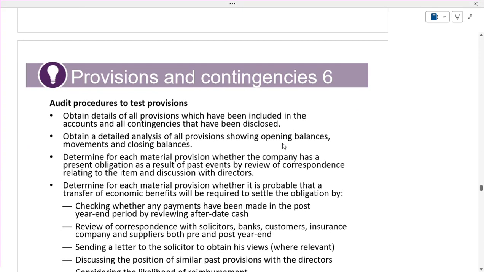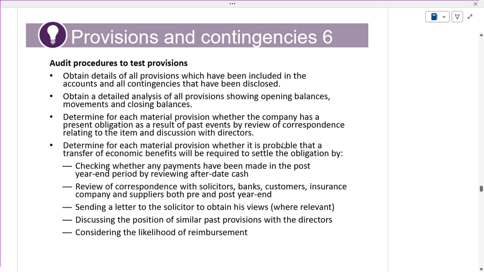Fine. What they are saying, how we are testing the things, now you can understand how important is IAS 37, provisions, contingent liabilities, contingent assets. Very simple.